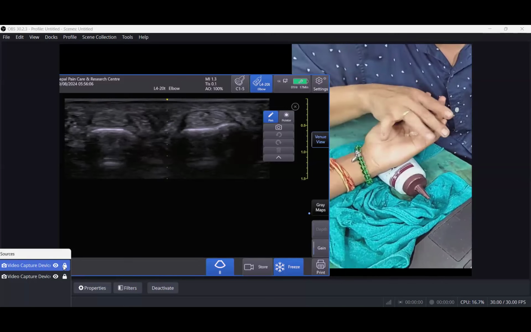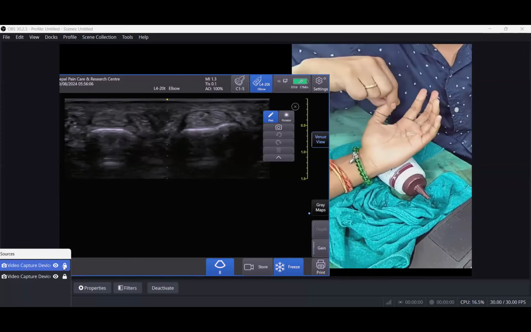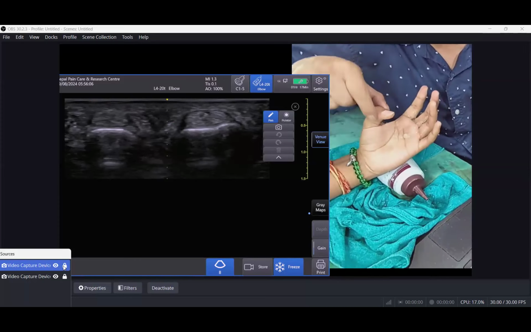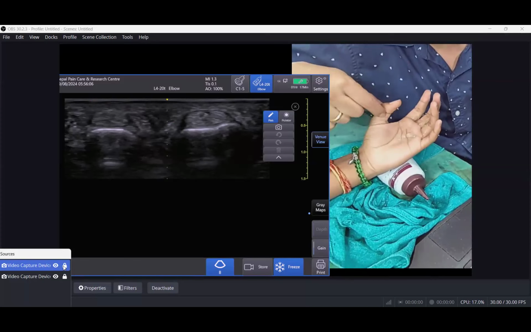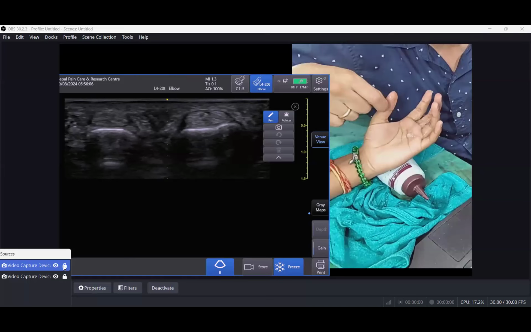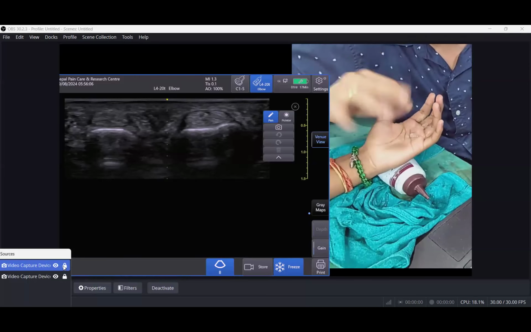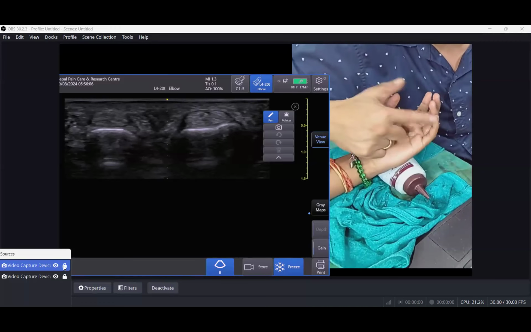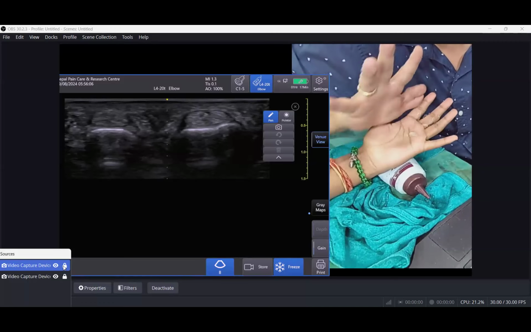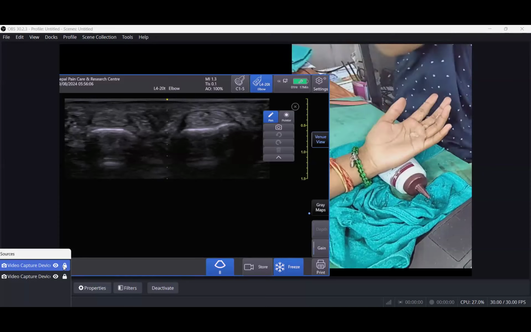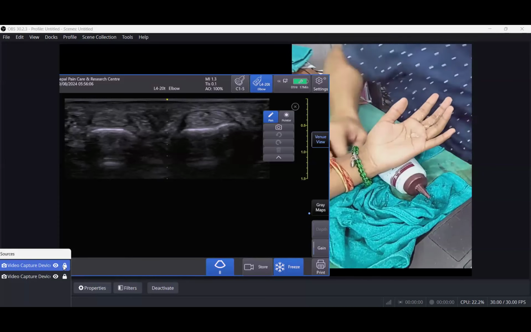It is present in all the fingers, and only in the thumb there are 3 pulleys, because one phalanx, the middle phalanx, is missing. So there is the A1 pulley, A2 pulley, and A3 pulley.